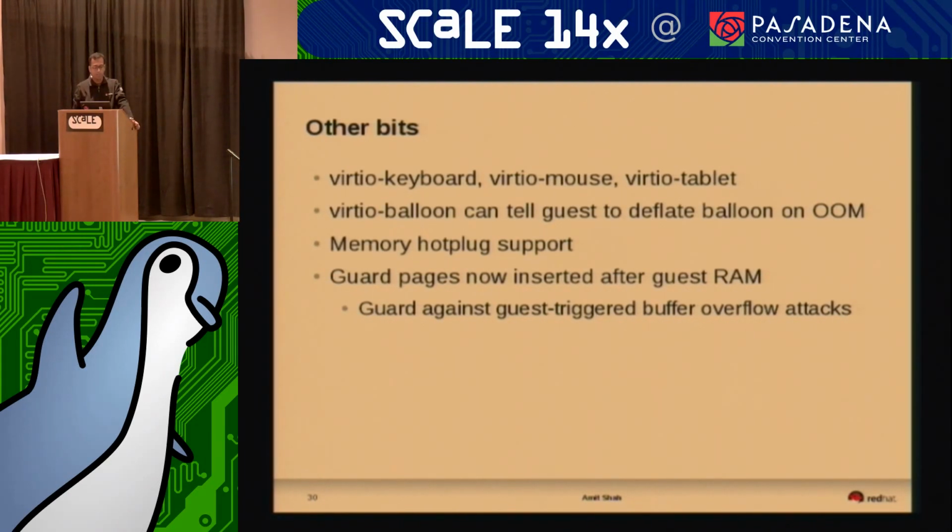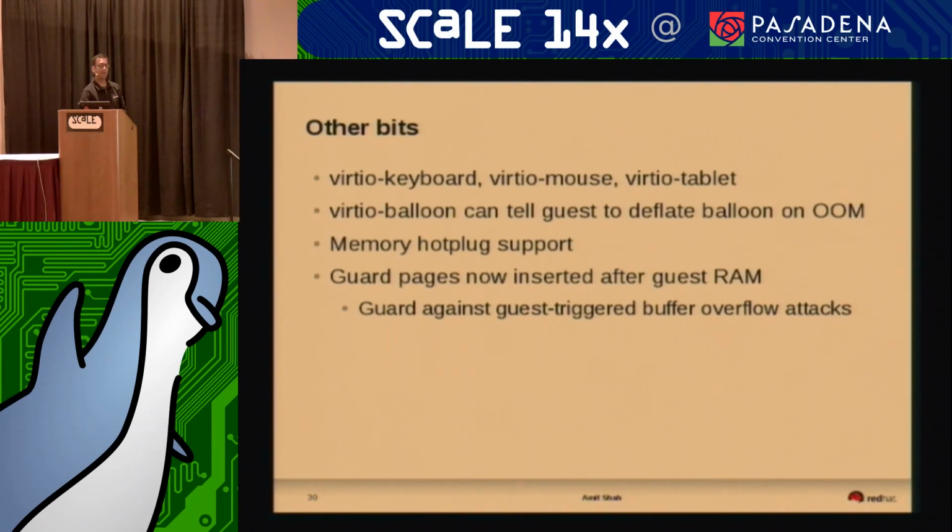But one of the side effects was that if the guest enters an OOM, out of memory condition, the guest used to just blow up for no fault of its own, because it has the RAM which it has given to the host as a courtesy. But now there is support for deflating the balloon on OOM condition. So we can ask back for the RAM from the host and continue operations on the guest.